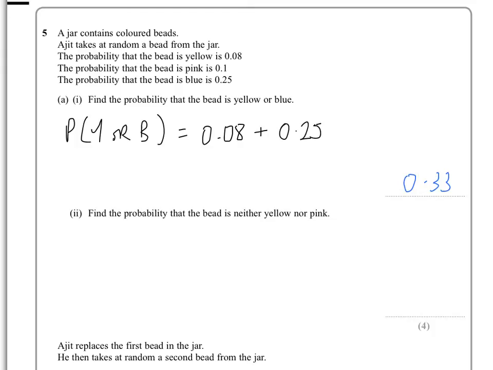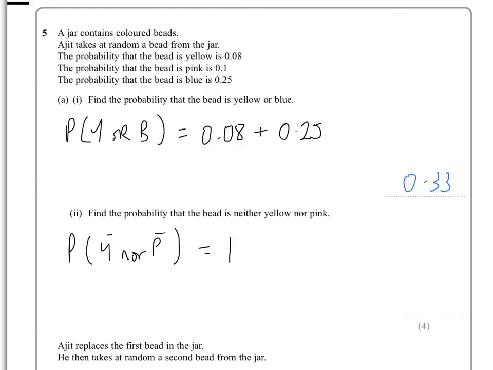So instead what we have to do is the probability that it is not yellow, not very well written, sorry, not yellow nor pink, so it's 1 minus those probabilities, tells you the probability of something not happening.